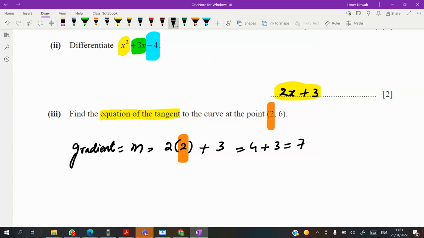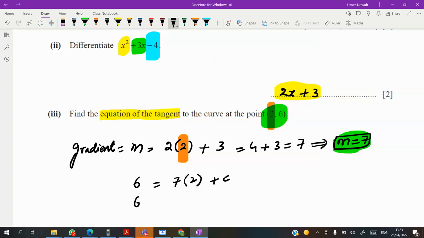So your m is 7. Now you have the complete point, you have the gradient, it will help you to find c. So 6 equals gradient 7, times x coordinate 2, plus c. This is y equals mx plus c, substituting here.